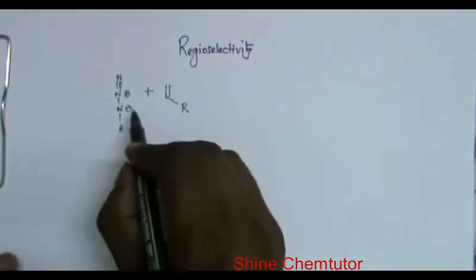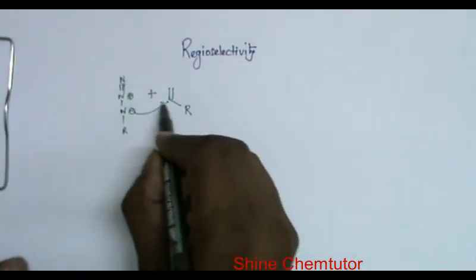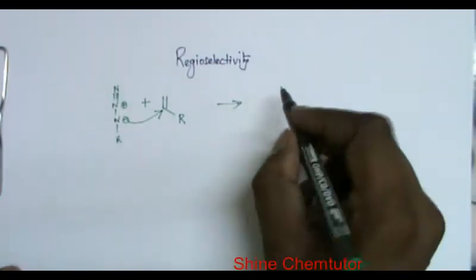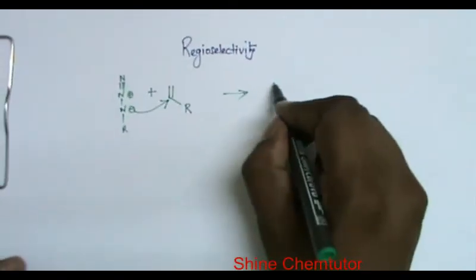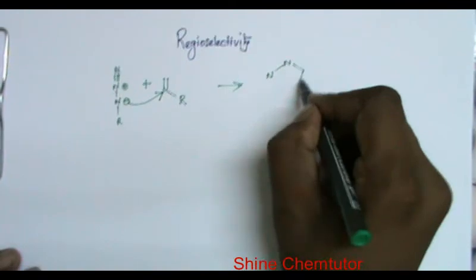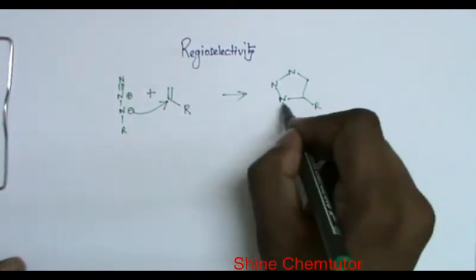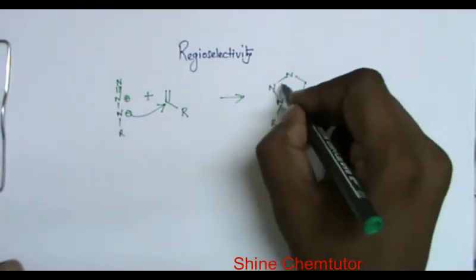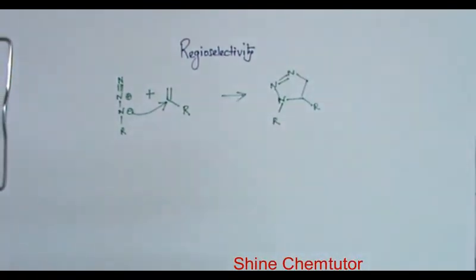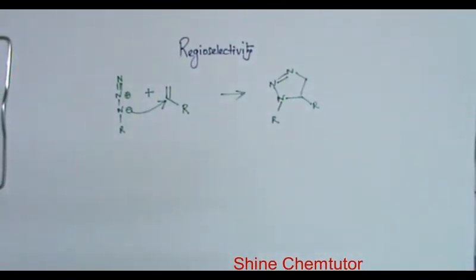But now there are two possibilities. This minus can attack here. As a result, you may get a product in which this R and this R are present on 1,2 atoms.